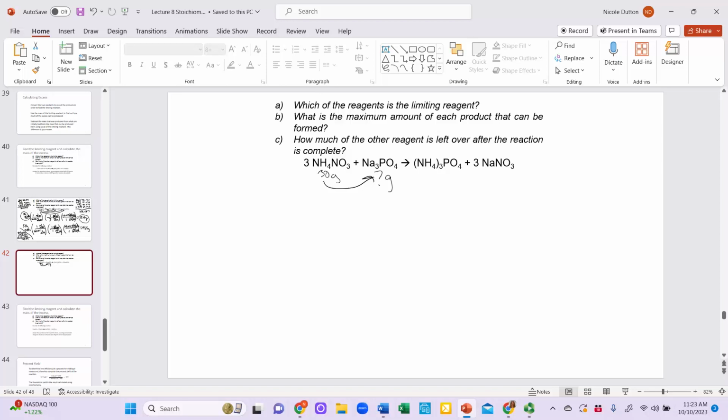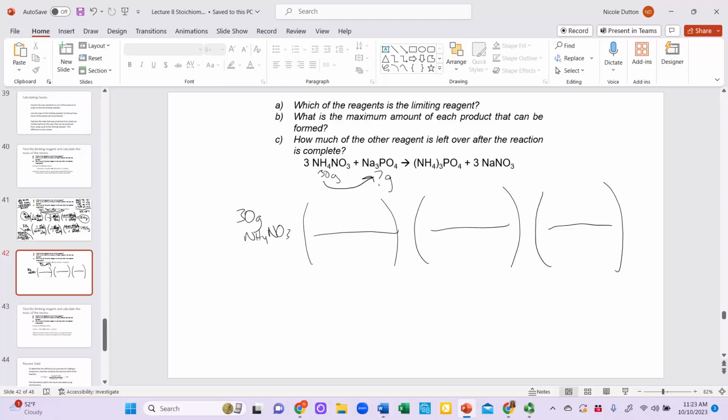So we have 30 grams of NH4NO3, and we're going to convert that to grams of the other reactant. So grams of NH4NO3 to moles NH4NO3. Then from moles of that substance, we can go to moles of the new substance.